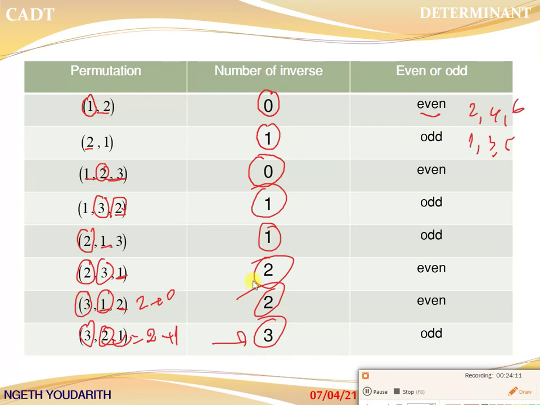This is the number of inversions: even, odd, even, odd, odd, even, and odd. This is the kind of permutation, the number of inversions, and the classification of whether it is even or odd.